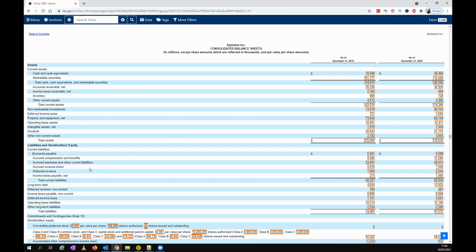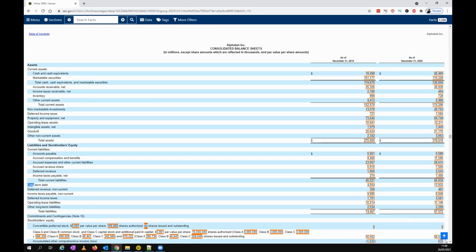Then we have accrued compensation and other expenses that constitute the rest of the current liabilities. Then, as I already said, we have long-term debts, which come under long-term liabilities. Your current and long-term liabilities become your total liabilities. And as we can see, Alphabet's liabilities have significantly gone up in 2020 compared to 2019.